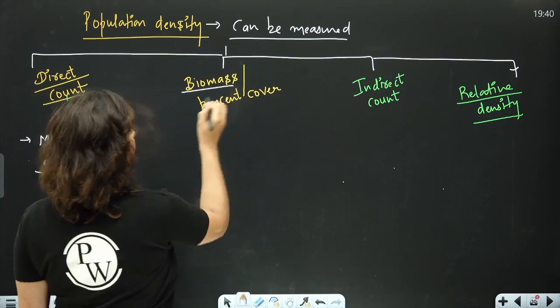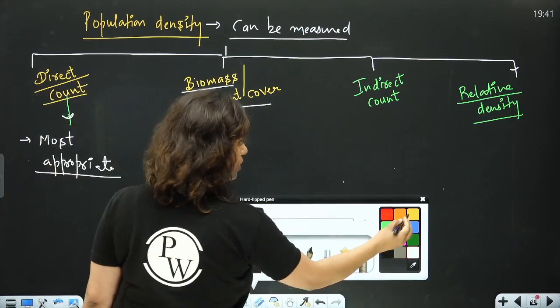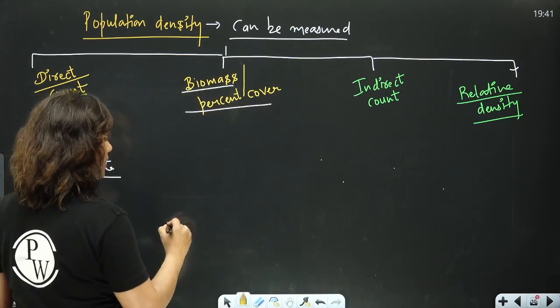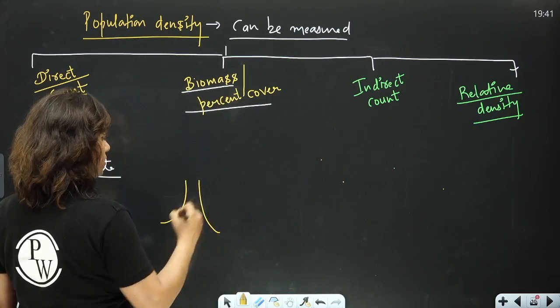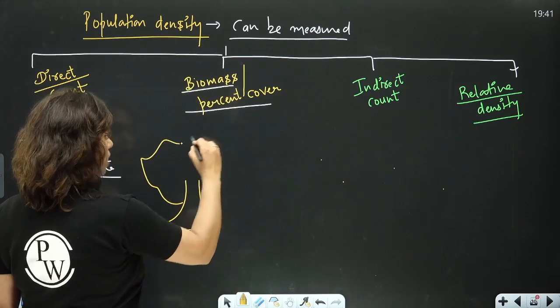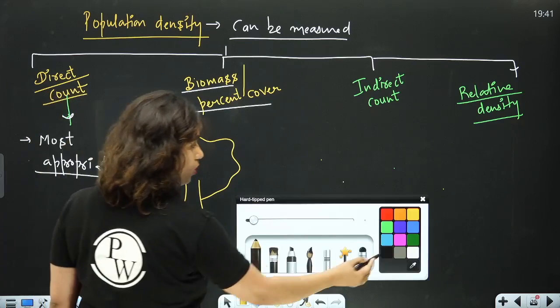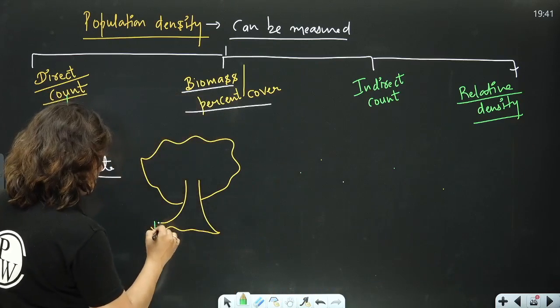Biomass or percent cover. If I talk about a particular case, I'm saying that there is a banyan tree. In a habitat, there is a large banyan tree, and below that banyan tree, there are grasses.